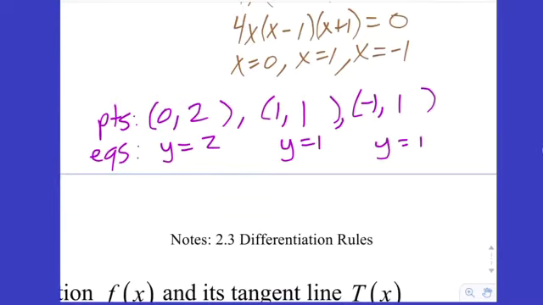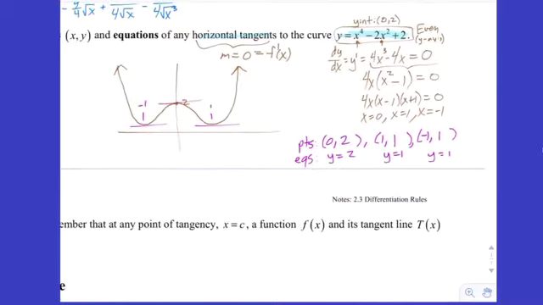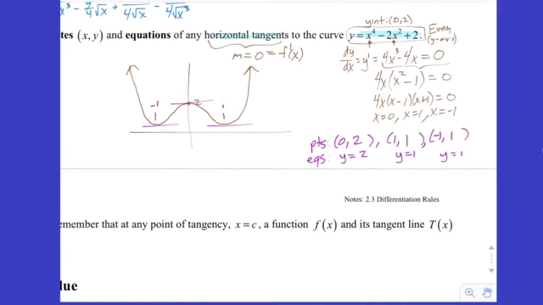And this one's also y equals 1. Pretty powerful stuff, setting derivatives equal to 0. They give you the critical points on the graph. Critical in the sense that if I know where those points are and I know a little bit of information about it, I can get a very nice representation of what the graph looks like with a very minimal amount of effort. Okay?